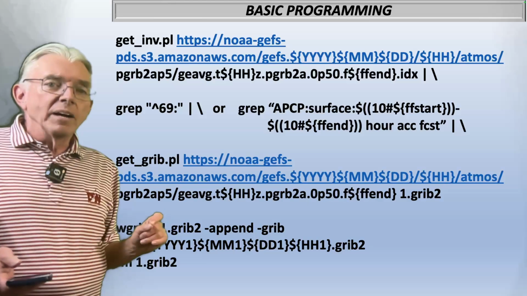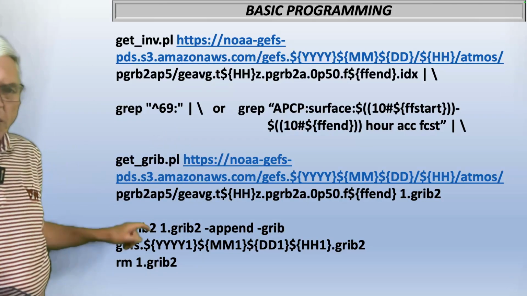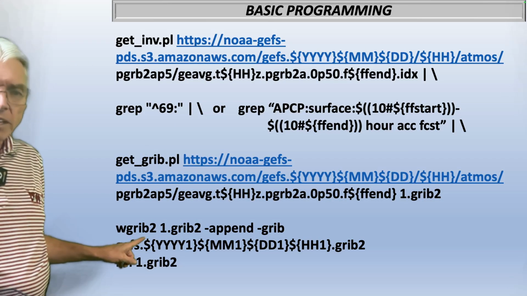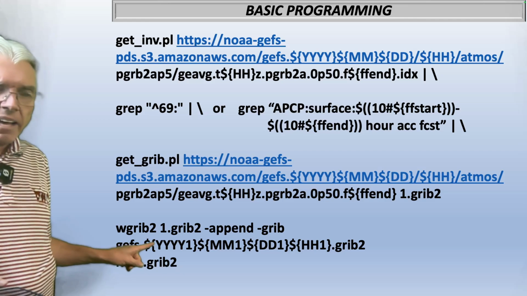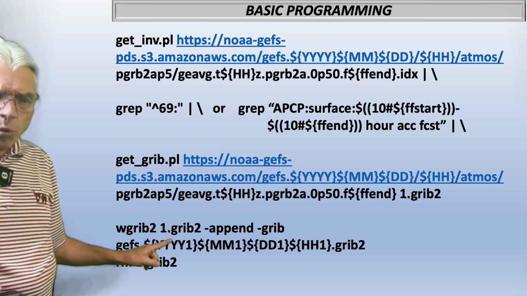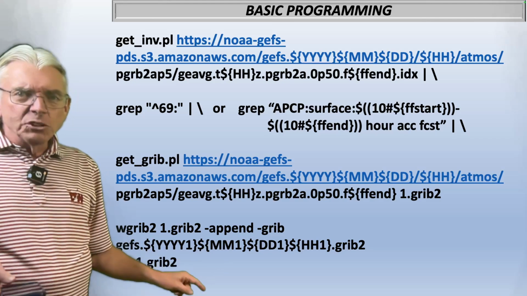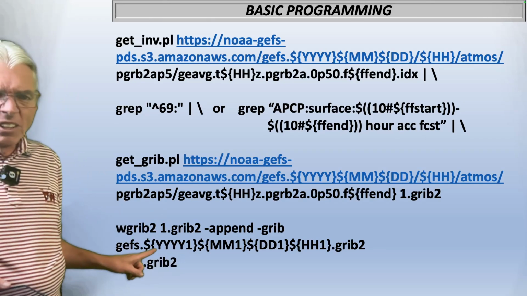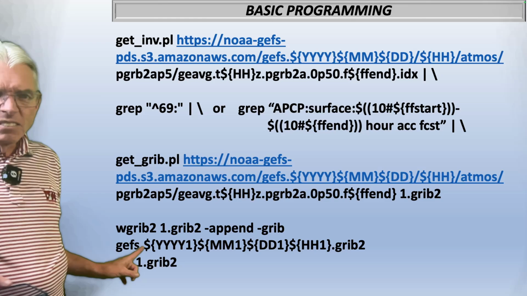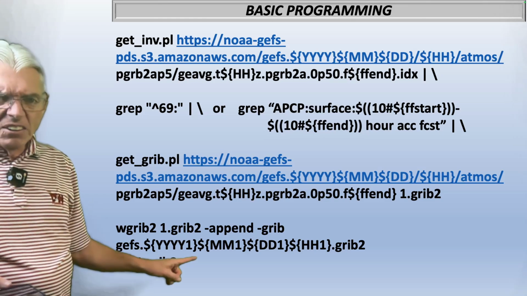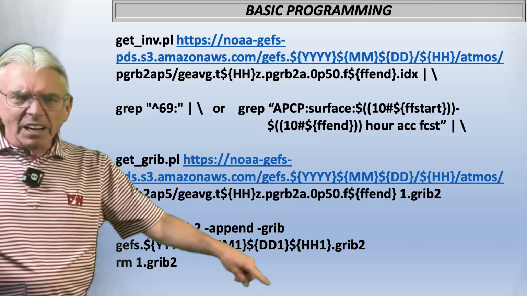So one of the other programs that Wesley wrote was this program called wgrib2. It's like a Swiss Army knife for grib data. And so what I'm saying here is take 1.grib2 and append it to a file that I'm going to call this, which is GEFS, and then the year, the month, the day, and the hour.grib2.